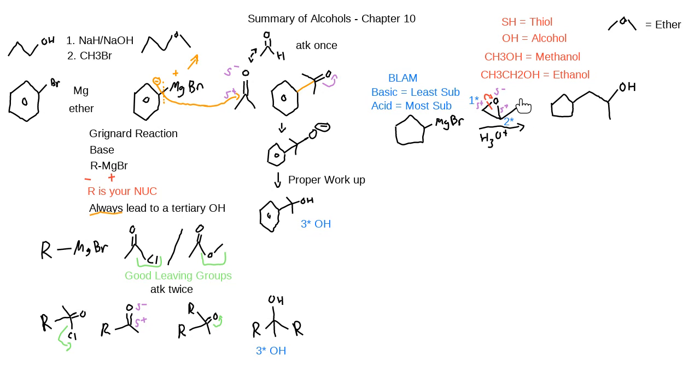We won't have that triangle anymore. The formal name is something like opening of an epoxide, like on your lecture slides. This is the mechanism of what happens. Any questions on that?